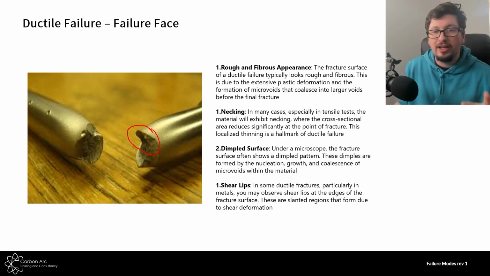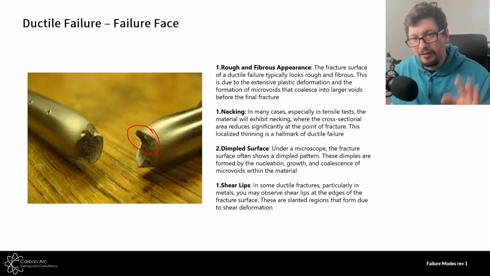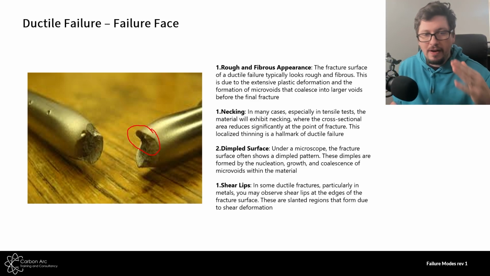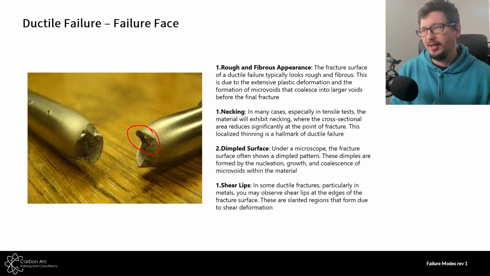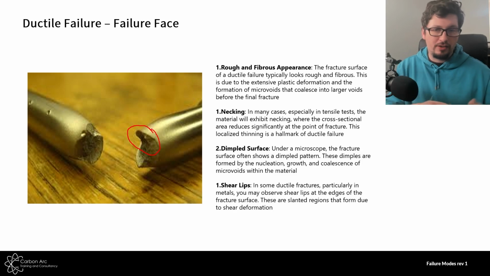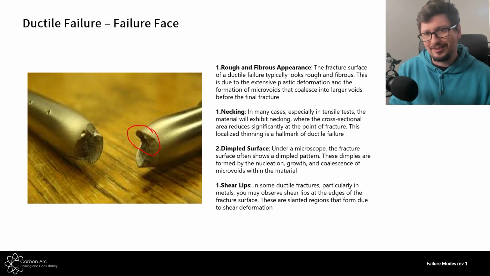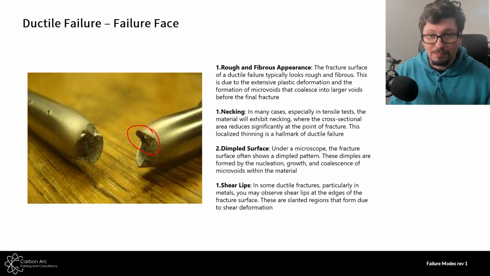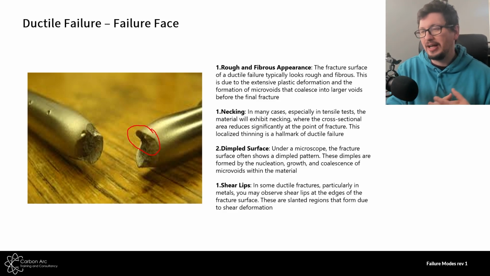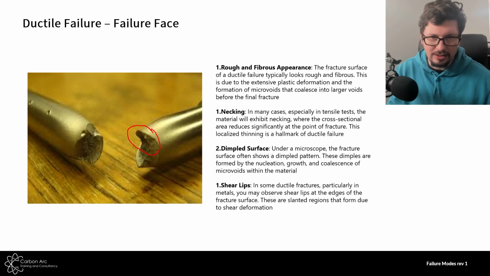A rough, fibrous appearance with necking is what constitutes our ductile failure. If something fails and you look at it and go, ductile failure, great. That means the material's held on for as long as it possibly could, and we have had no extra failure reason within that at our given test temperature.